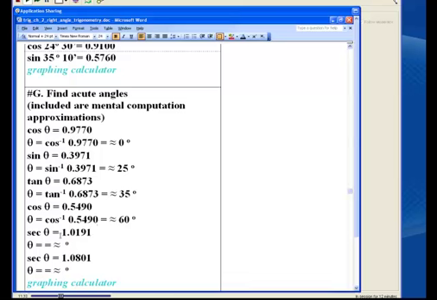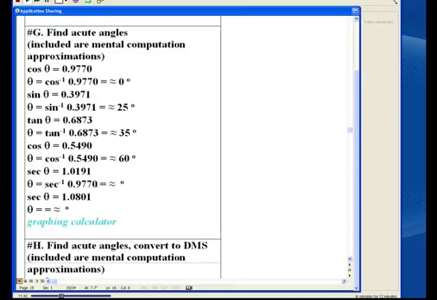Inverse secant of 1.0191. Well, that means what I have to determine is actually the inverse cosine of the reciprocal.